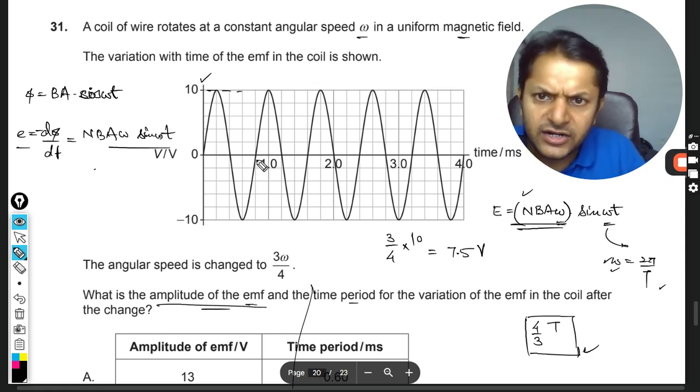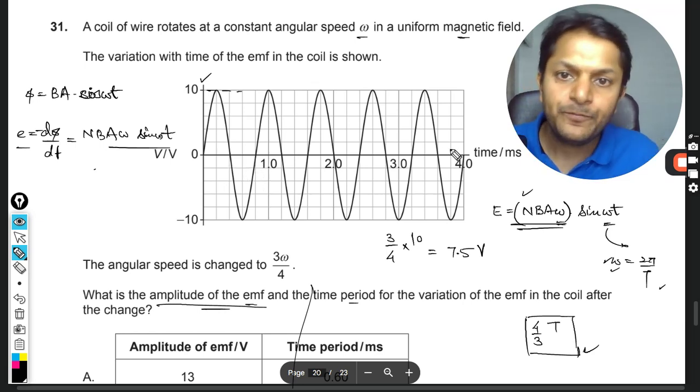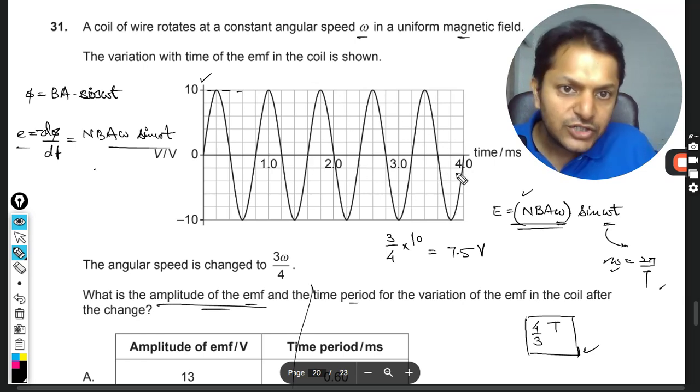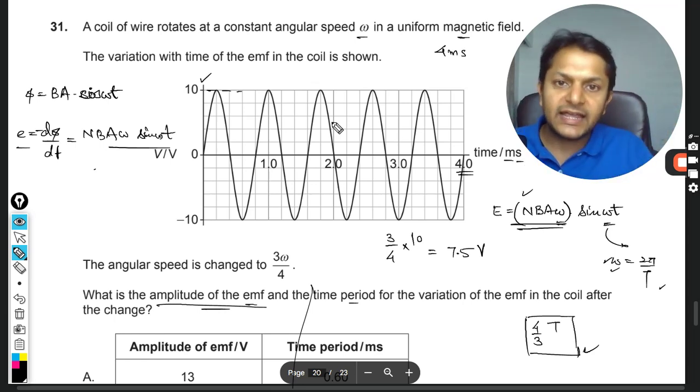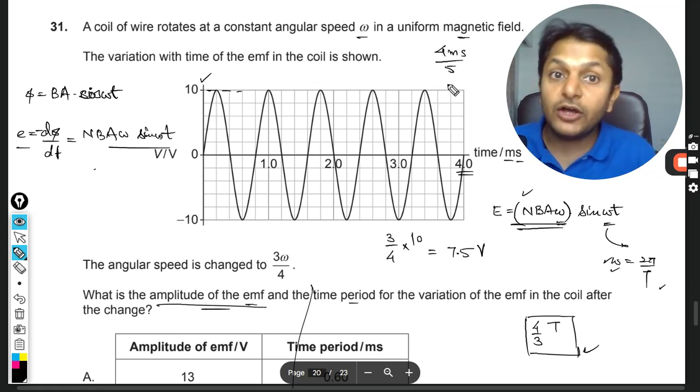Now, the time period here is a twist. We have to find the time period value. 1, 2, 3, 4, 5. So in 4 milliseconds, be very careful about the multiplier in the unit, there are 5 oscillations. So one oscillation has a time period of 4 by 5 millisecond.